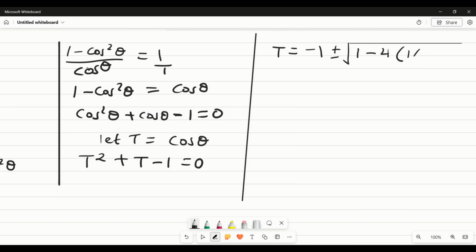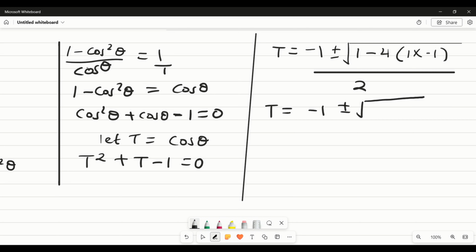Negative 4 times negative 1 is positive 4, and 1 plus 4 is 5, all divided by 2. So t is either negative 1 minus root 5 over 2, or negative 1 plus root 5 over 2.